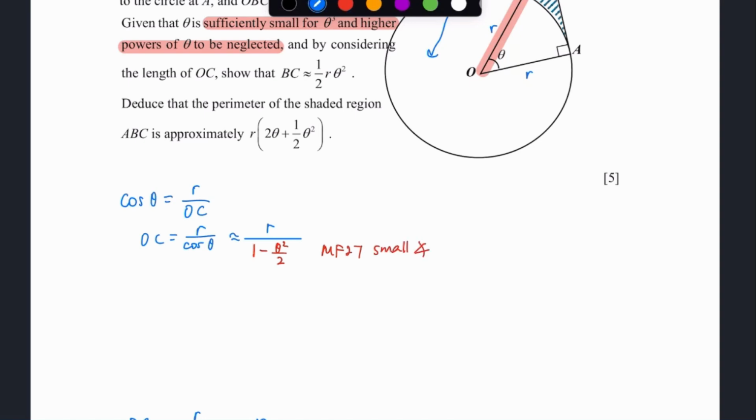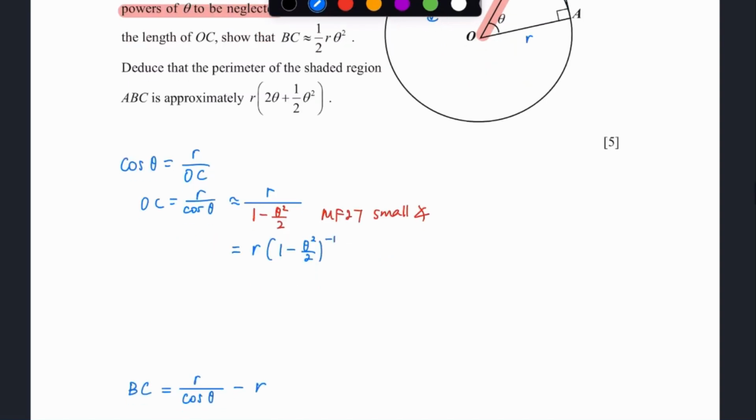In a way, yes, the double angle formula. So this one over here would be equal to r times (1 minus theta square over 2) to the power of -1. And for this, we will need to do the binomial expansion a little bit.